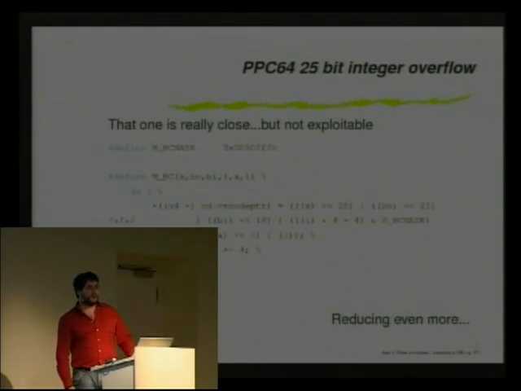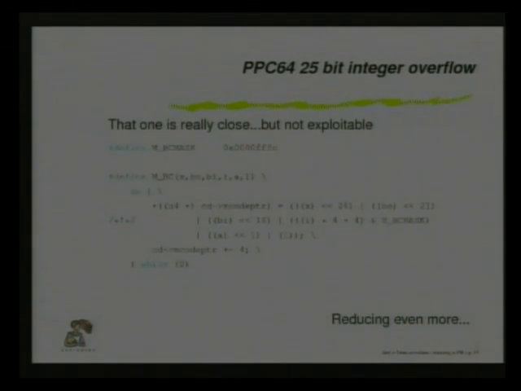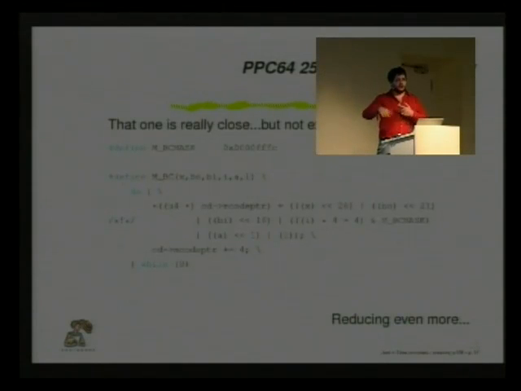On PowerPC 64, we then found a 25-bit integer overflow, and this is very close to being exploitable, but just not. Very bad. Again, it's conditional branching, and on PowerPC 64 there are 32-bit fixed-size instructions. When branching with a condition, a lot of bits get used just for saying this is a branch, this is the condition, these are the arguments, and there are some bits left for how far to jump. When generating the conditional instruction, the displacement gets truncated, but again, it's always inside the range of a method, and so it cannot be exploited.